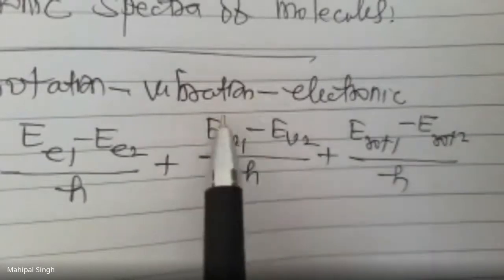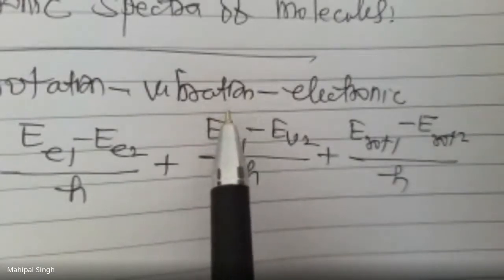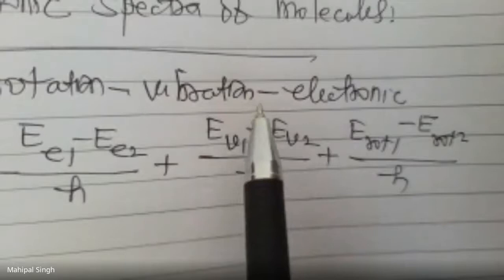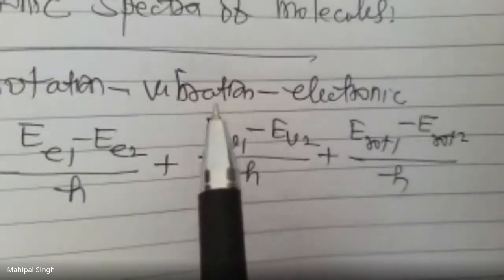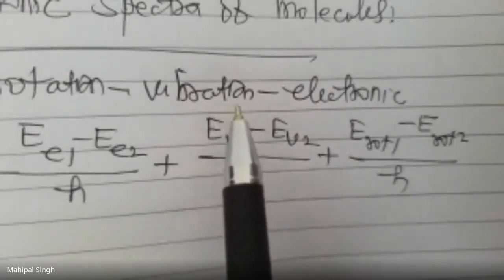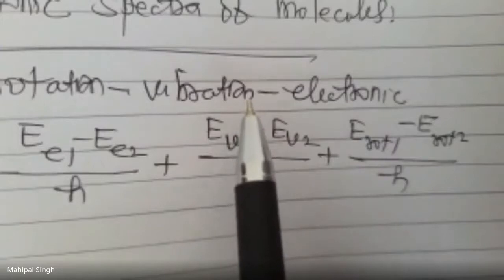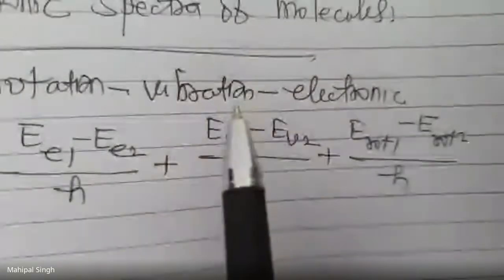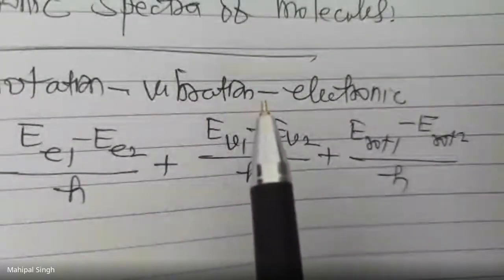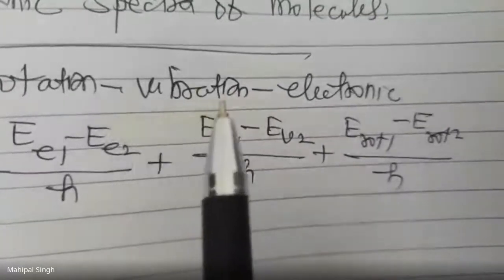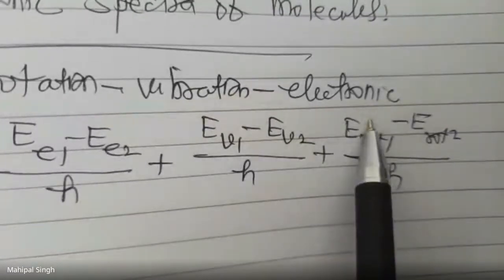In molecular spectra, as in atomic spectra, radiative transitions between electronic states of different total spin are forbidden. In this way, these spectra involve a change in all three: electronic, vibrational, and rotational energies of the molecule.